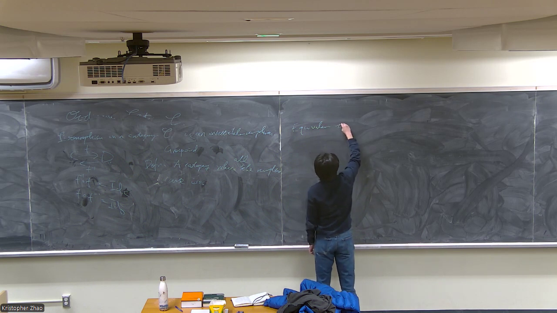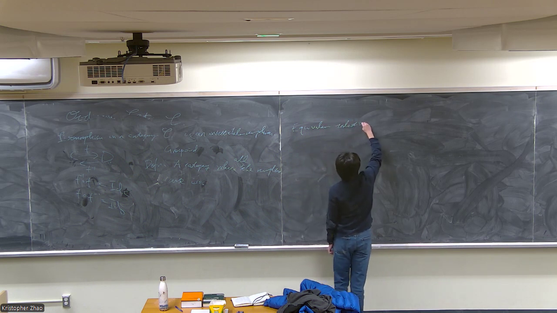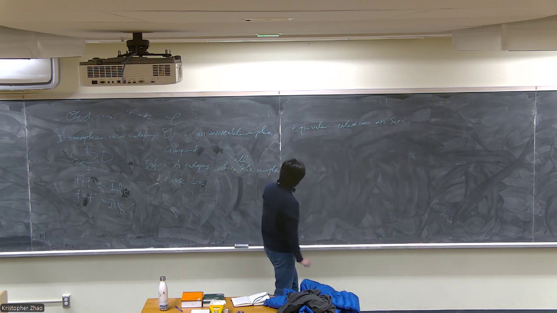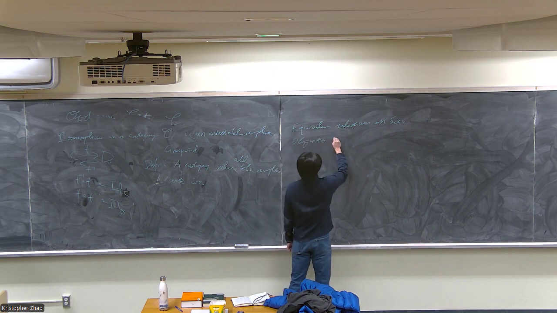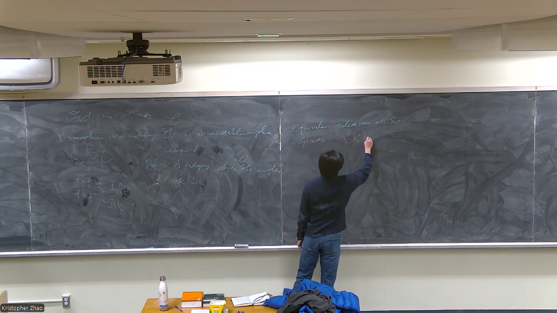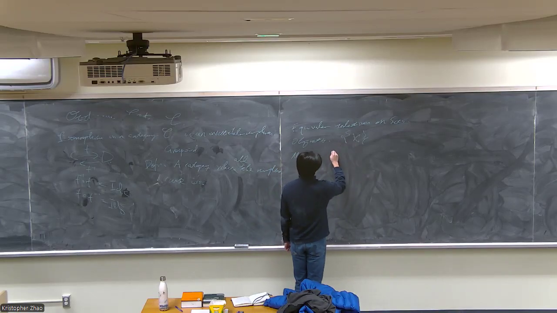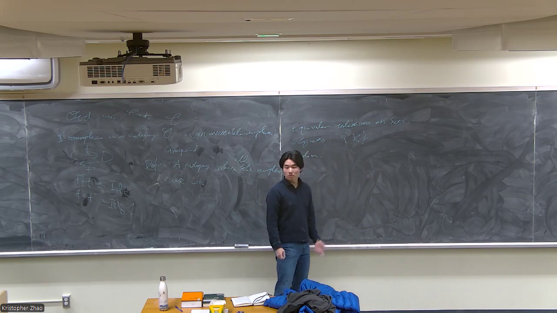We should give objects and morphisms. What are the objects? Just some points. The objects are elements of some fixed set.